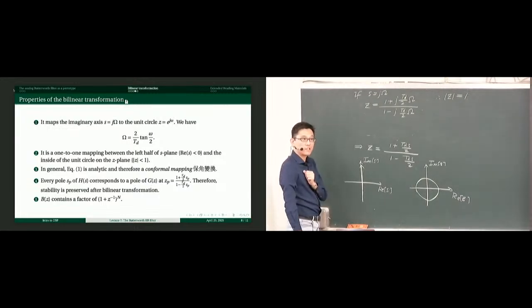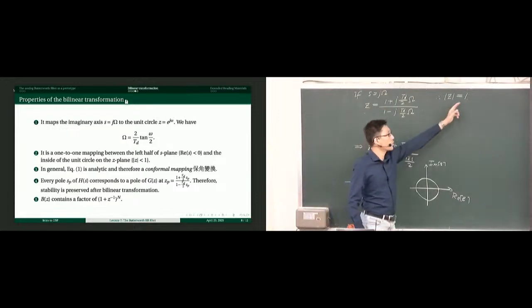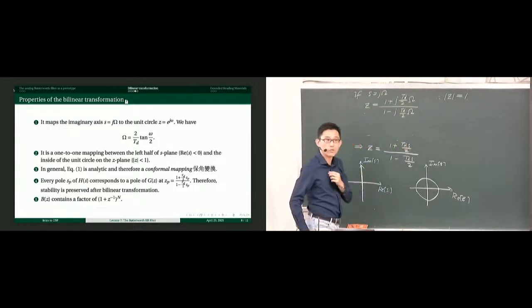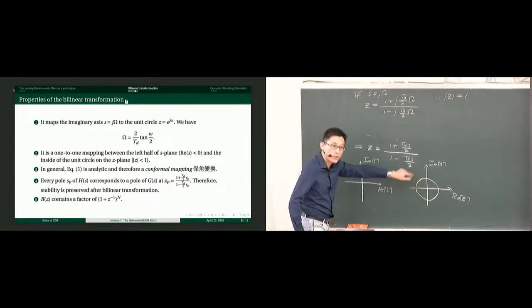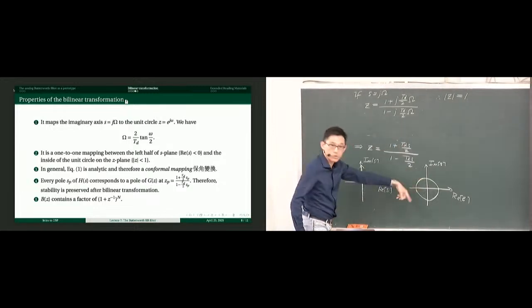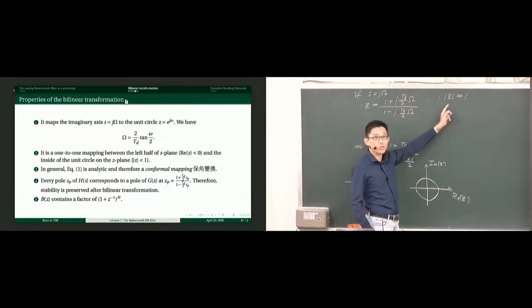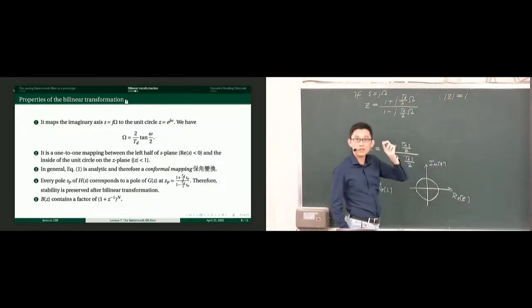Is that clear? If S is on the imaginary axis and you write it as S equal to j omega, then the absolute value of Z is 1. That implies Z is somewhere on the unit circle. It's already pretty obvious that it will be on the unit circle because the absolute value is 1, but technically, where exactly on the unit circle?